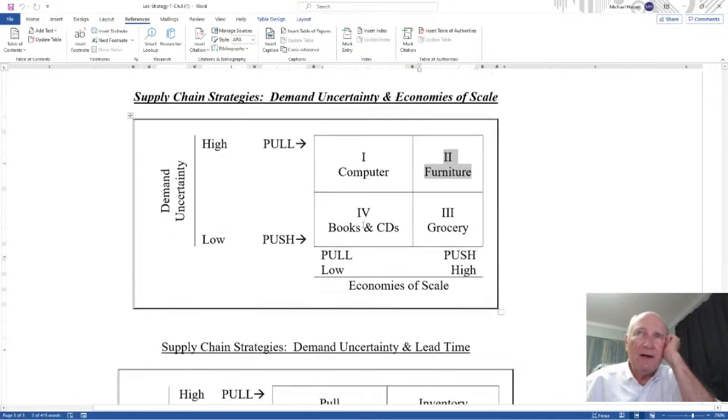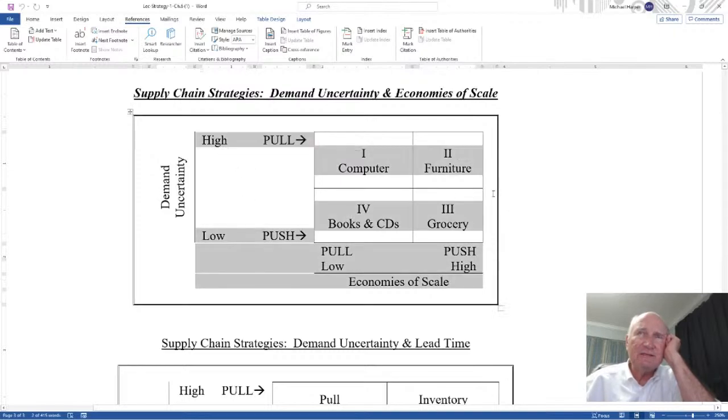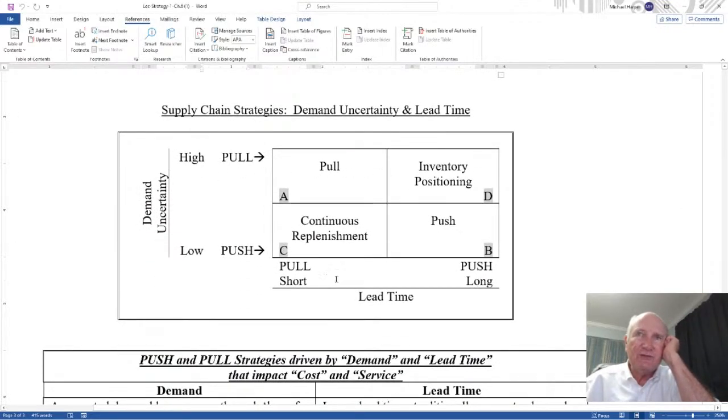Okay, so a lot of these are not necessarily strategies that people predicted. It's what they began to see works, and so this is more or less reporting what has worked in the past. A little bit more logical is demand uncertainty with lead time.